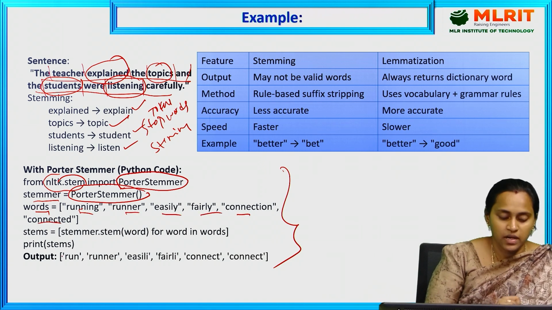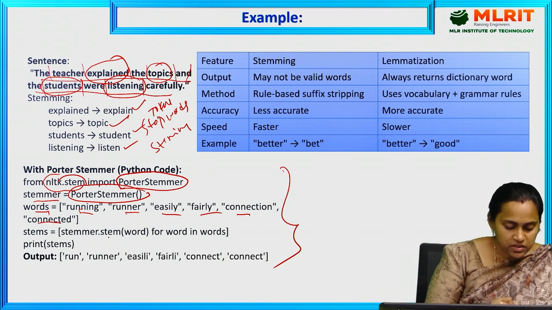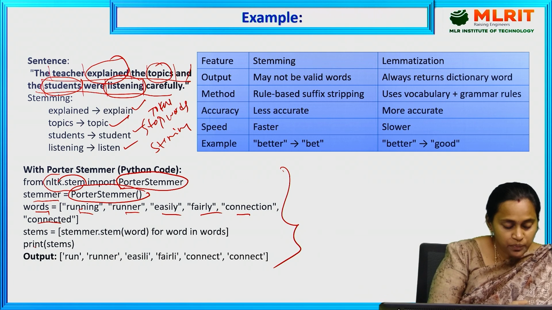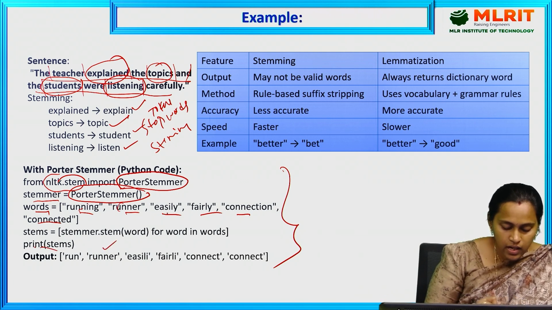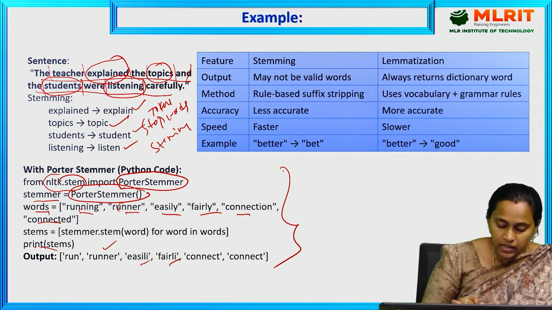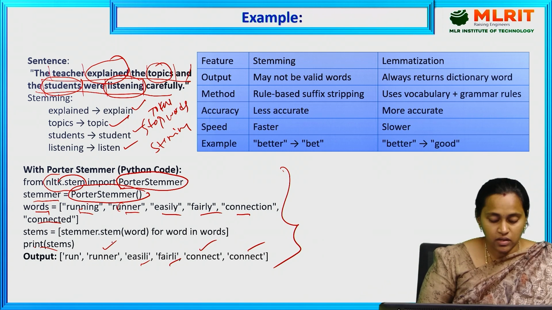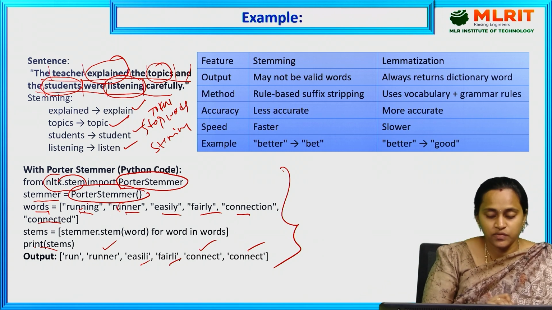We have to find the root words for these. After stemming, we load the words and print the stems: running gives run, runner gives run, easily, fairly, connection gives connect, connected gives connect. These are the root words.